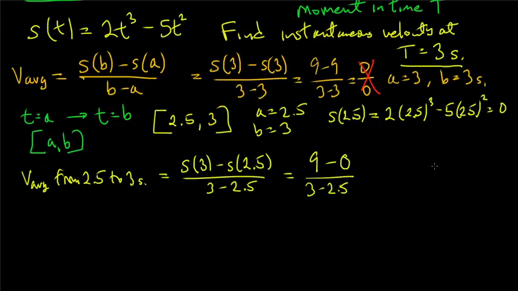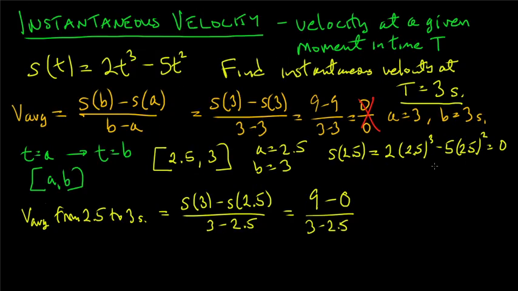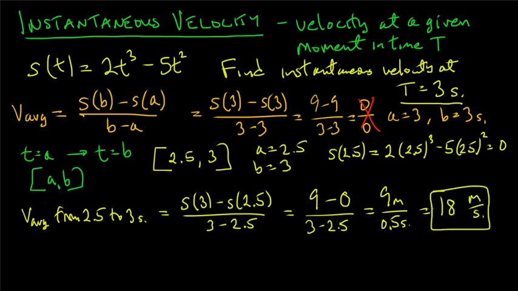So we end up with 9 meters in half a second, so that's 18 meters per second. Again, this is still an average velocity between 2.5 and 3 seconds.